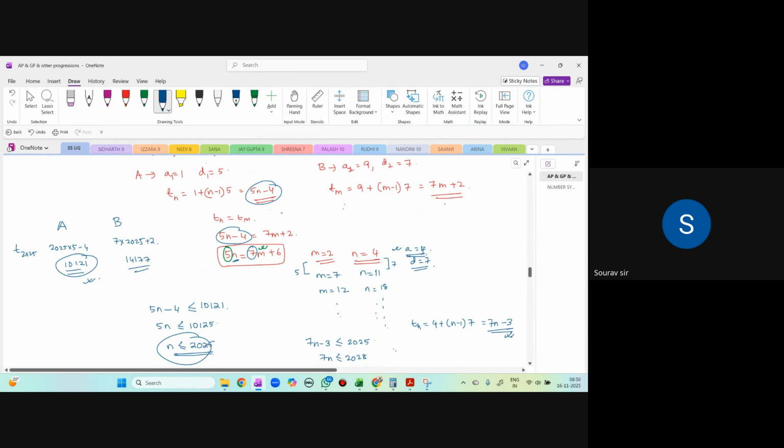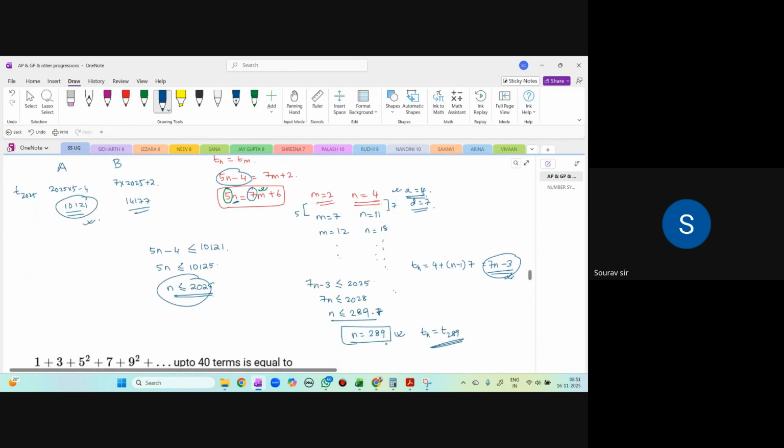So there are 2025 terms in the first series. That means the n value has to be less than 2025, right? And out of this series, whose nth term will be 7n minus 3, this value has to be less than 2025.